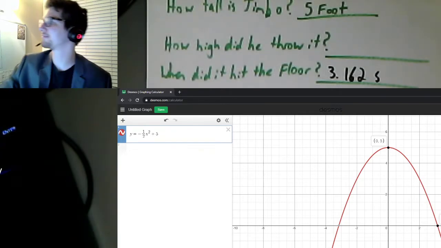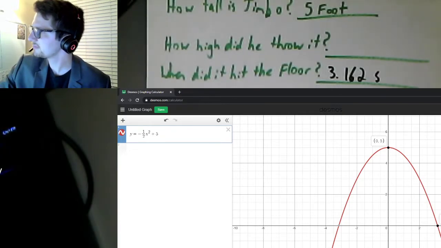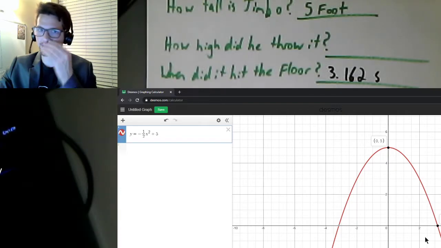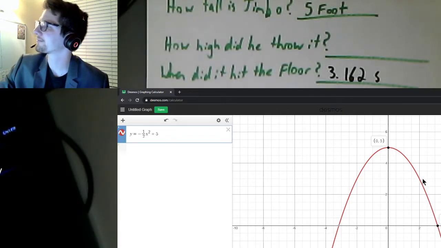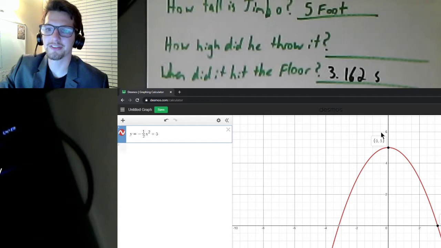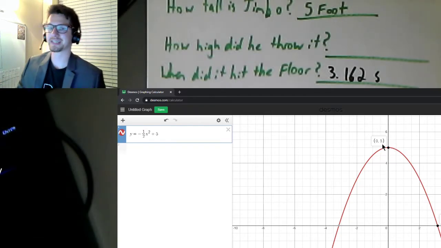How high did he throw it? So what you're looking for here is the vertex of the parabola. It looks like the vertex was up here. We already found that. This one was unusual. The vertex was right here, and the vertex is 0, 5.